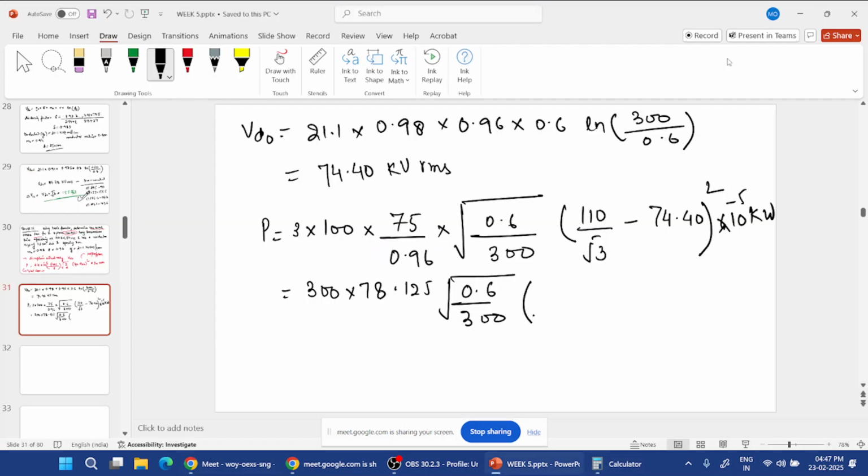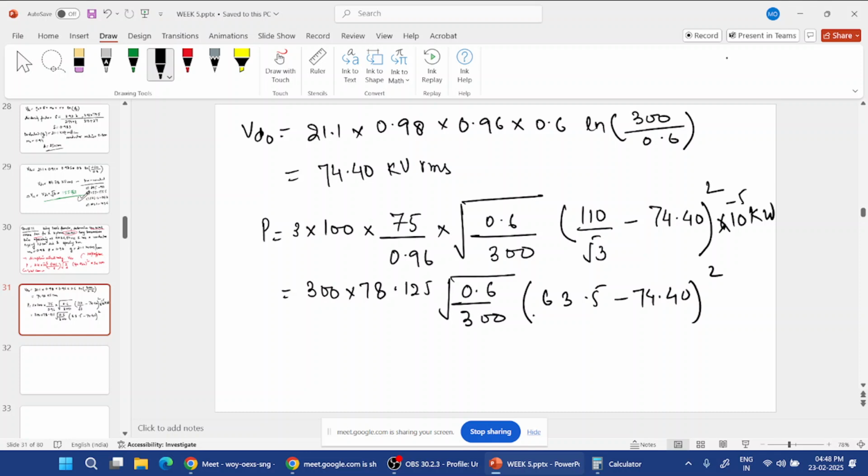Okay, let me calculate it. Under root, 110 divided by root 3. It comes out to be 63.5 minus 74.40 whole square.